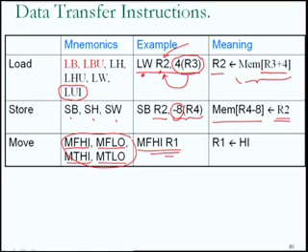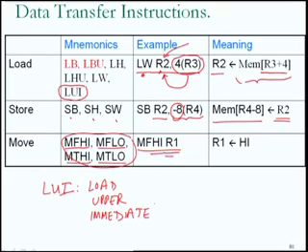Okay. Now finally, before moving ahead, let me just make a comment about the LUI instruction. As mentioned, the LUI instruction stands for load upper immediate, and an example of this instruction would be something like load upper immediate.